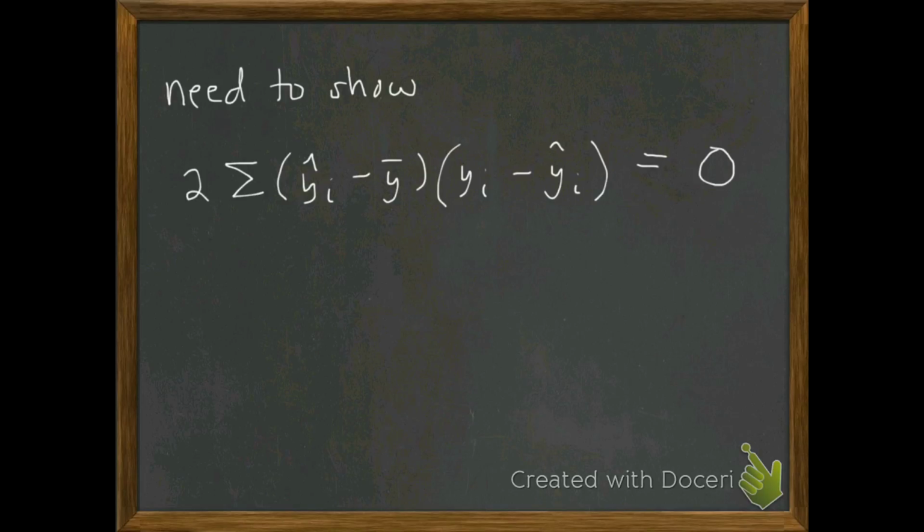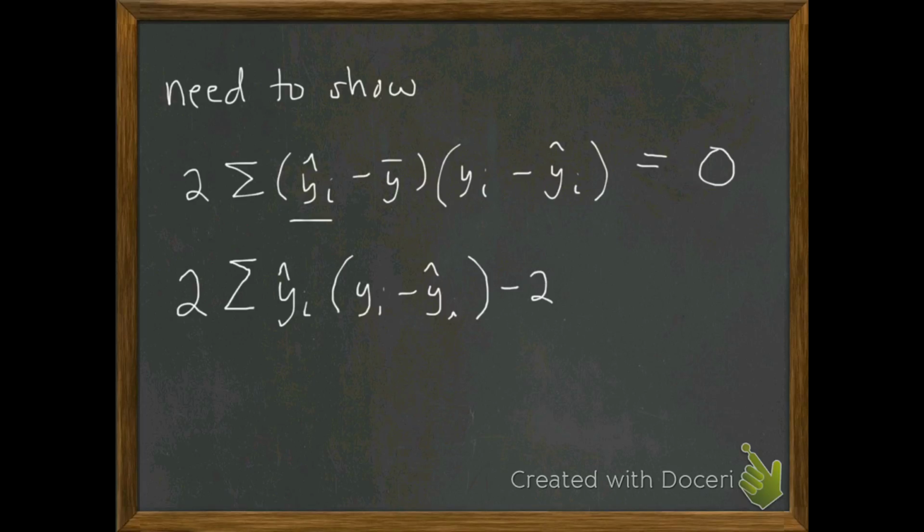So what I can do here is I could take 2 times the sum, let's take this term times that, and then we can take 2 times, what would actually be negative 2, times y bar.